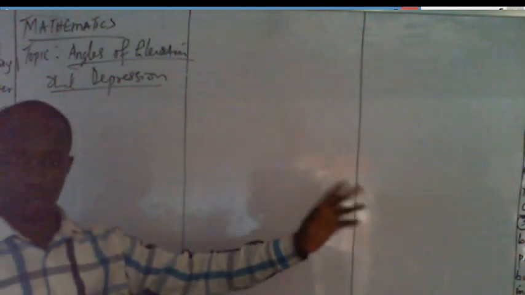Also looked at the special angles, how to derive them, and how to use them in solving problems, as they help us not to use calculators or tables in solving trigonometric problems.